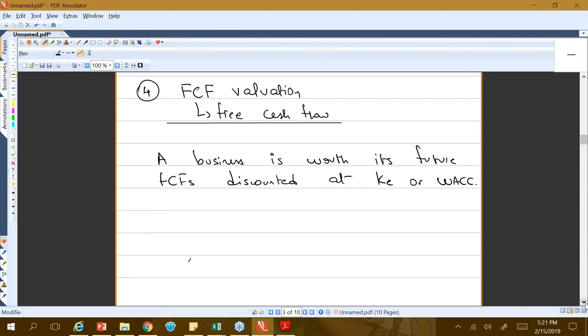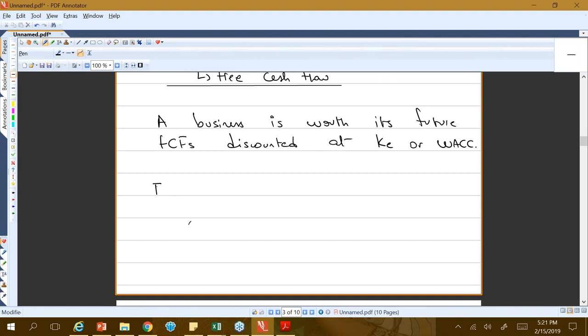Once you have a business's free cash flows and you discount these free cash flows at the cost of equity, what you will get here is the value of equity. And if you have free cash flows of a business and you discount them at the WACC, you will have the value of the company, or the value of the firm. So value of equity and value of company.